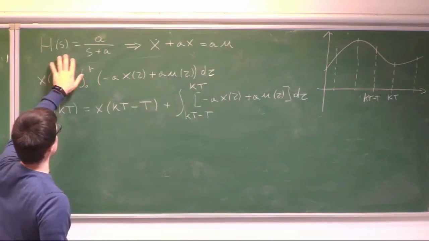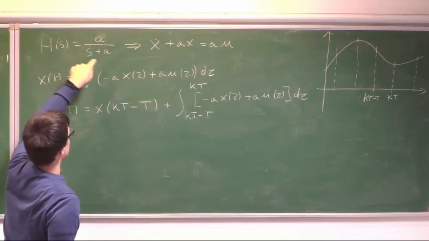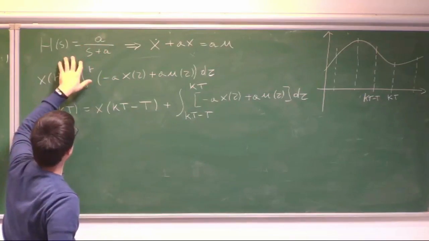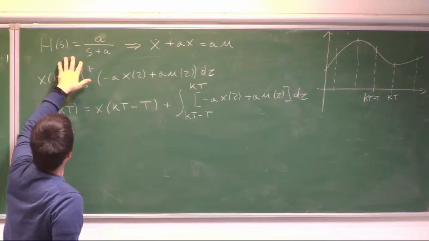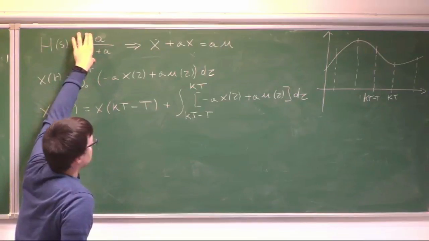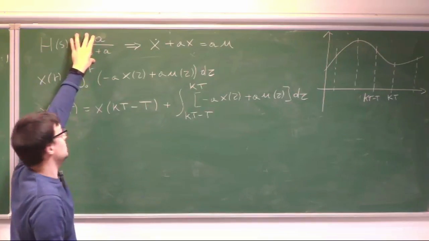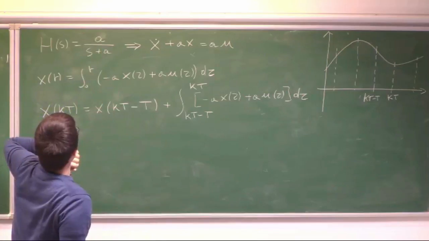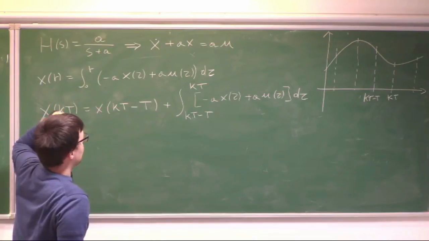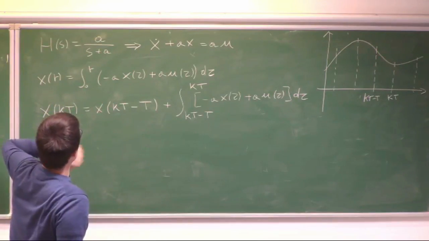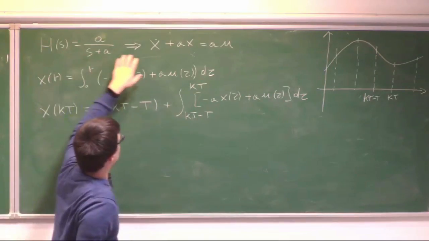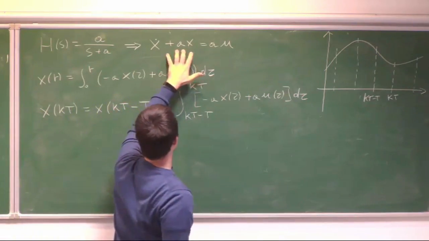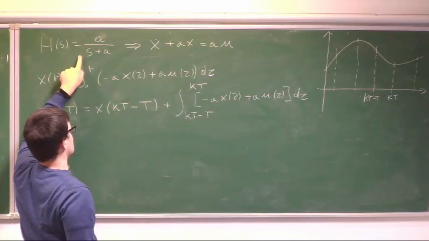So we want to discretize this transfer function here, okay? So we want to find a rule to discretize this transfer function in which there is just one pole, basically, okay? So to do so, we apply the following strategy. We first of all compute the differential equation associated to this transfer function.